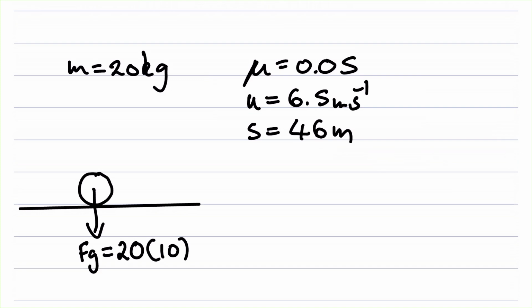Then we have our normal contact force pushing upwards. In this case, these two are equal to each other. Why? Because there's no acceleration in the vertical direction, no acceleration up or down, no resultant force.